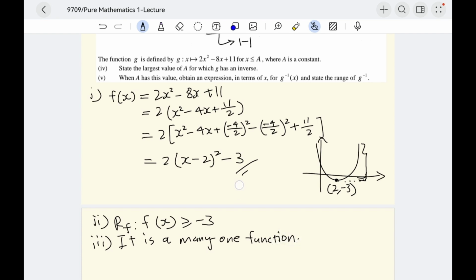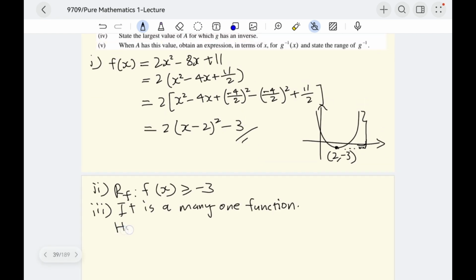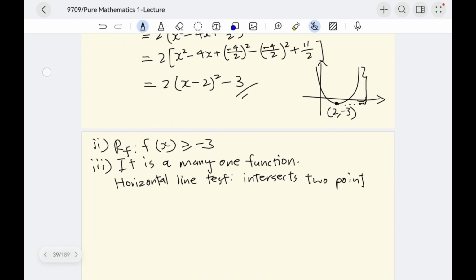There's another answer, that is using a horizontal line test. It intersects the graph at 2 points. That's all for this question. No need to write too long.